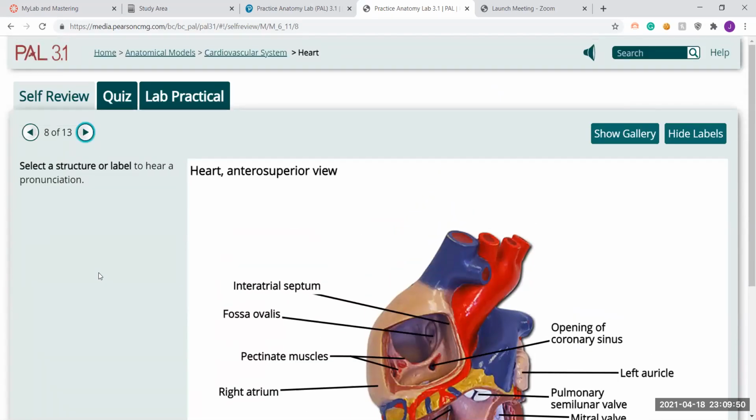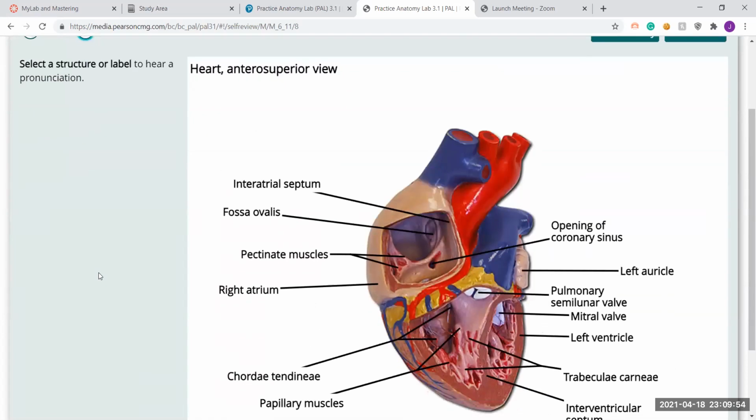Now, heart anterior superior view. So when you are looking from the anterior and superior view inside, in atria and ventricles, you see several structures. So here, between the right and left atrium, there is interatrial septum, which separates right atrium from the left atrium. And in the center of interatrial septum, there is an egg-like depression, and that is called fossa ovalis.